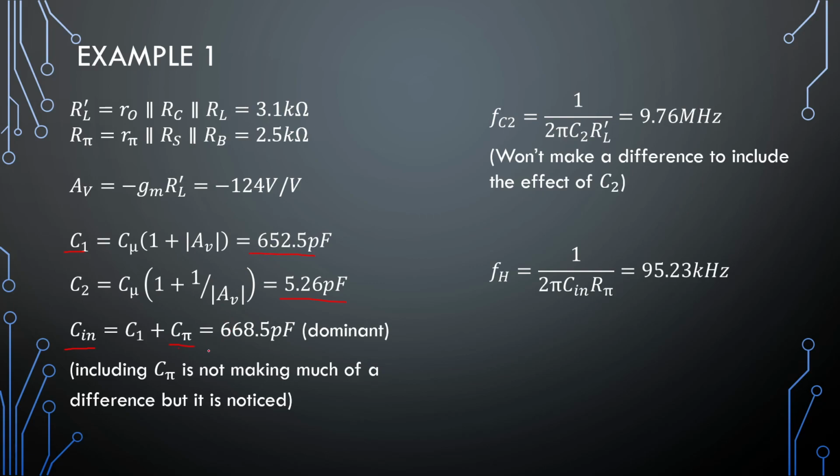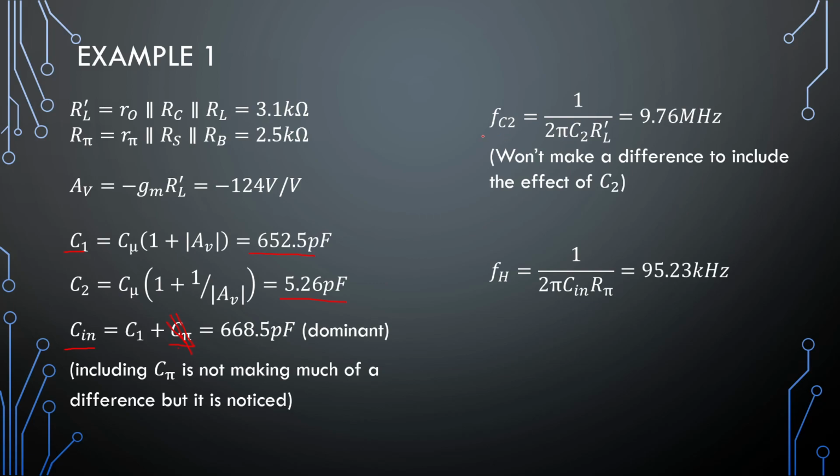But if C pi was something small, like 4 picofarads, right, we could have just left this out in general. Okay, because then it would be something like 664. Since we're working from this one, you get the idea. If it can get neglected, you can just throw it away. But the 16 picos will get noticed in this.